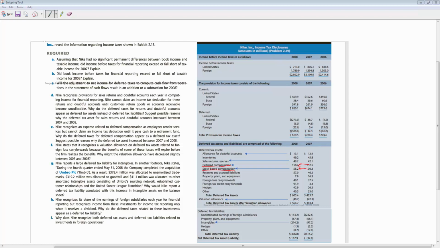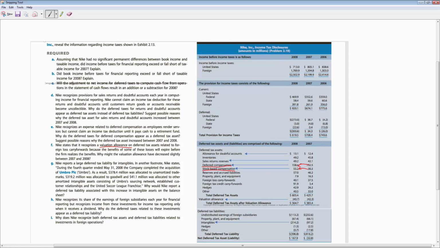So question F. This is a new term to you, the valuation allowance, which is a control account to the deferred tax assets here. It has different signs. All these are positive, and this will be subtracted from the total deferred tax assets. So what's the meaning of valuation allowance?